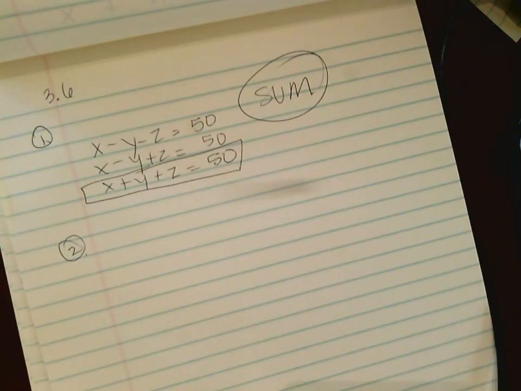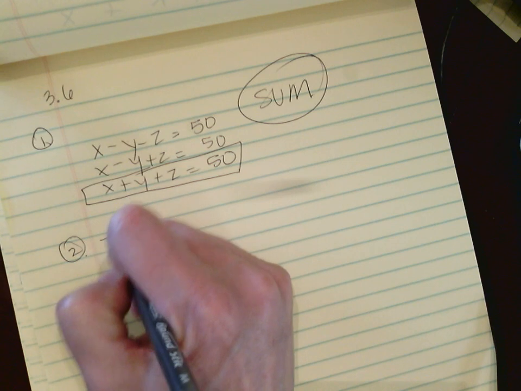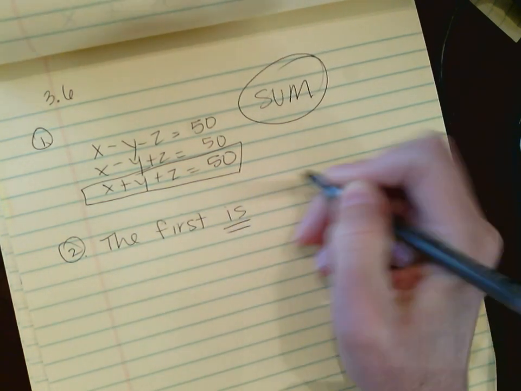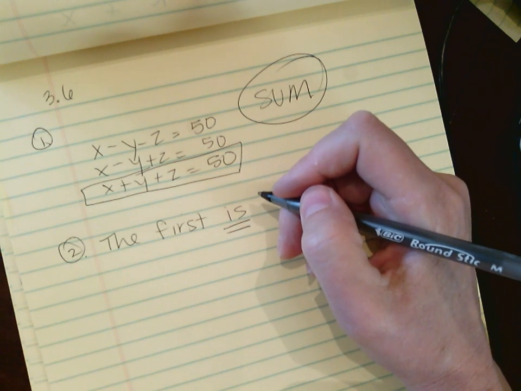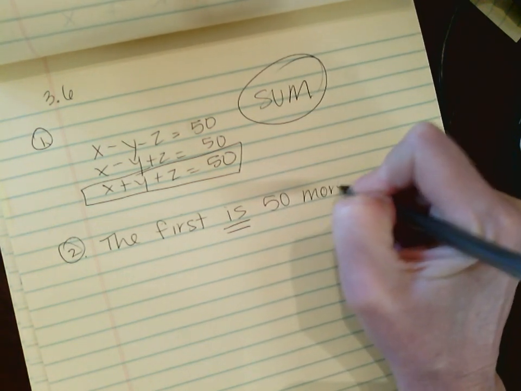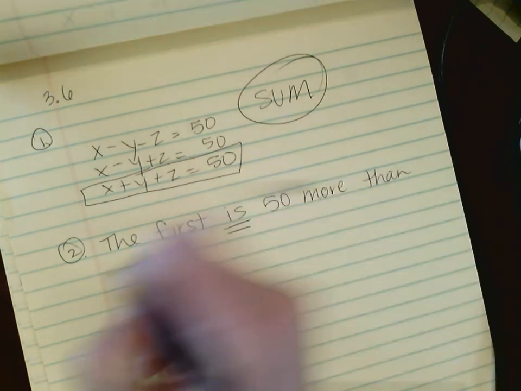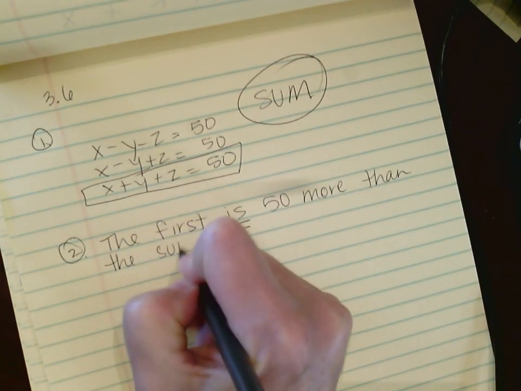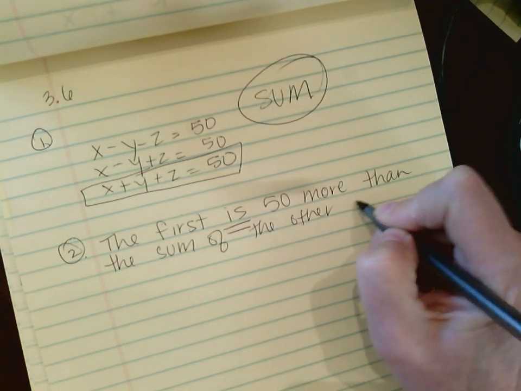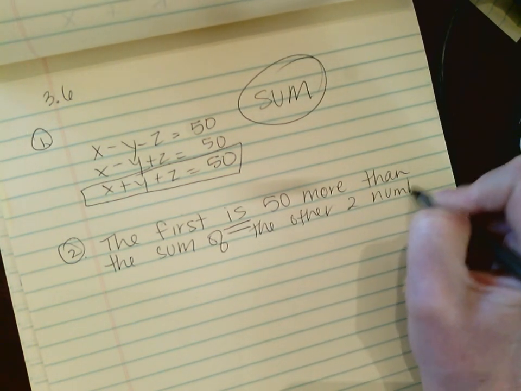Now, the second one says the translation of the statement, the first number is 50 more than the sum of the other two numbers.